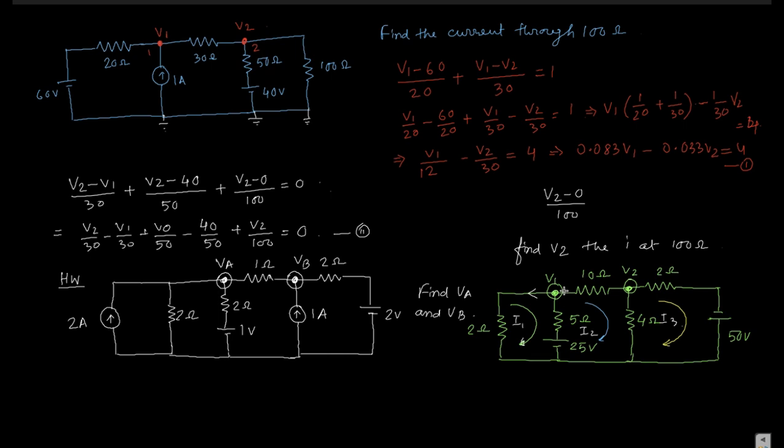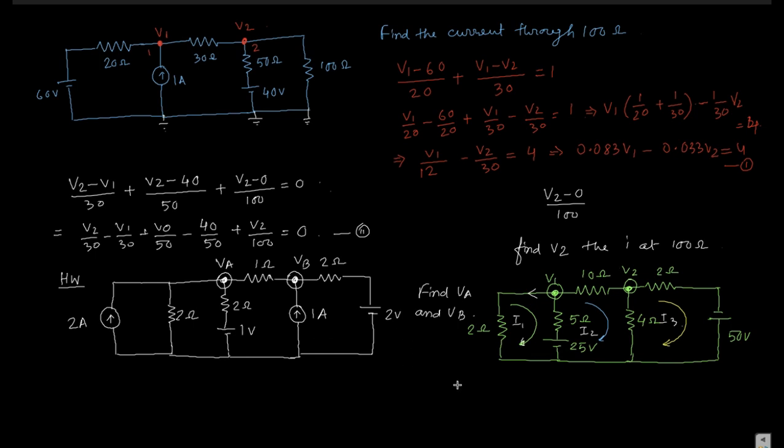If V1 is greater than V2, then the current will flow from V1 to V2. Depending upon the magnitude of V1 and V2, you can assume the direction of the current is flowing from higher potential to lower potential. Depending upon that, you can assume the polarity of the current. Okay, understood?